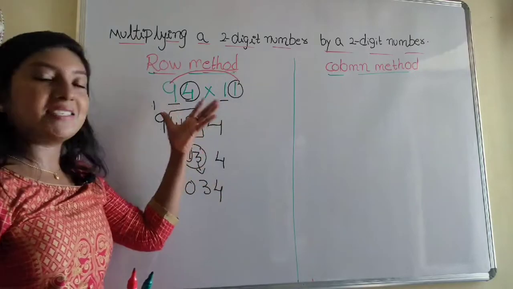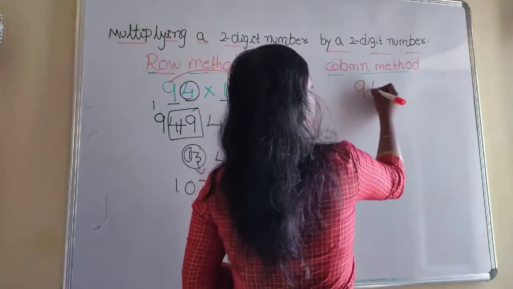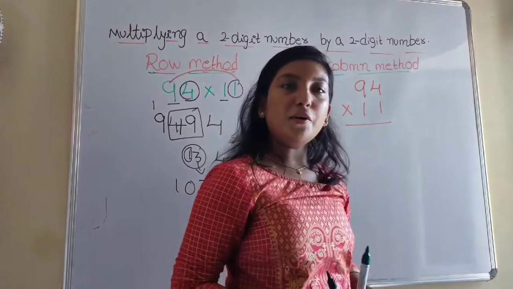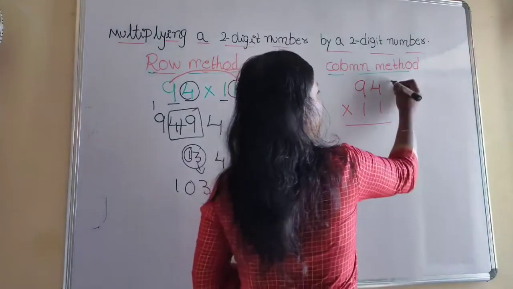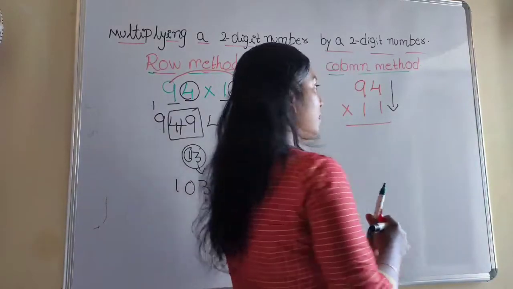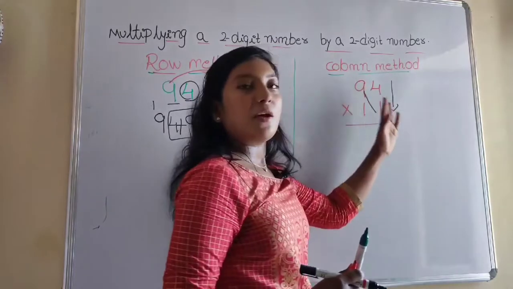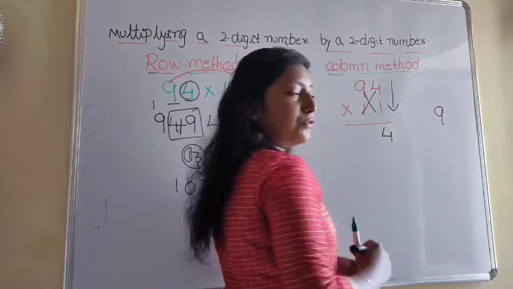Now let us see the same question in column method. The numbers 94 into 11, as we already know, follow the arrow mark. That is first 4 into 1 which gives 4 and next do the cross multiplication. 9 ones give 9 and 1 into 4 gives 4.